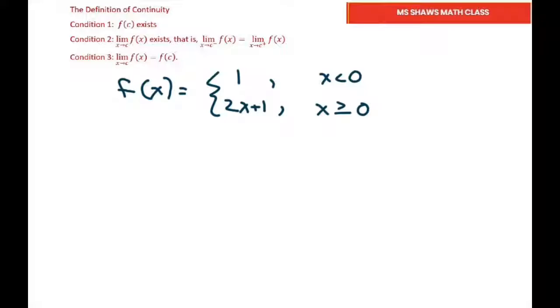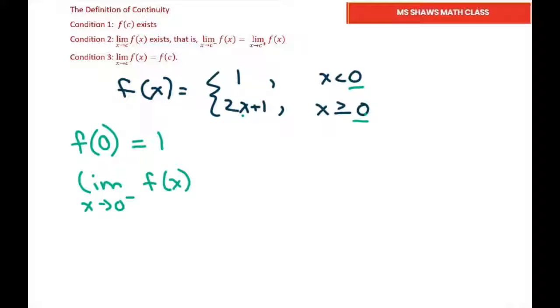So let's test the continuity of this one first. So again, we're checking f of 0. So f of 0 is going to equal, you plug in 0 here, you get 1. And then we're going to test the limit as x approaches 0 from the left. And again, this one would be the left and this would be the right. And that should equal the limit as x approaches 0 from the right.